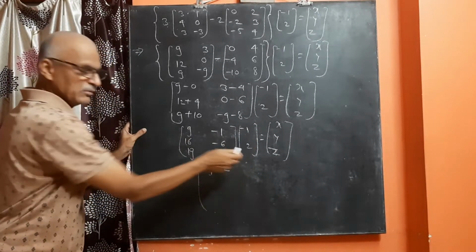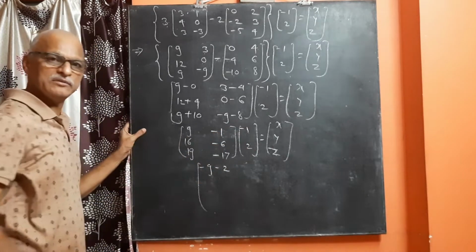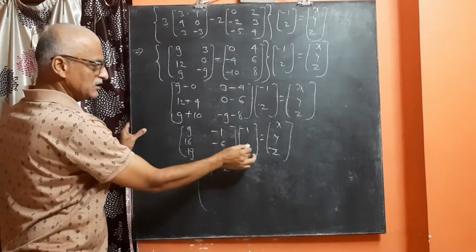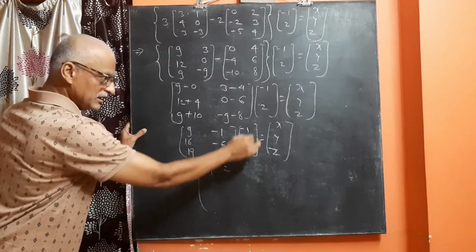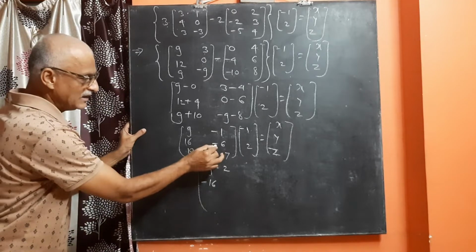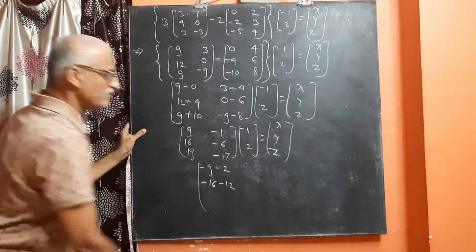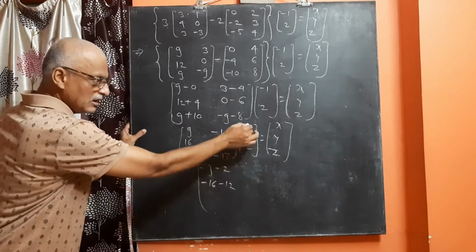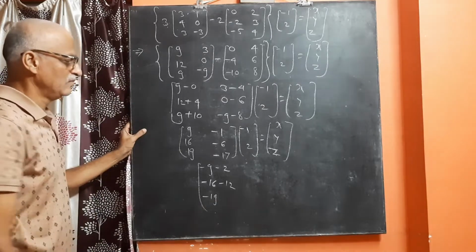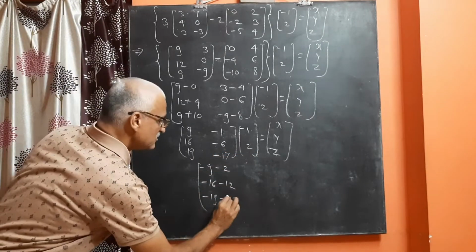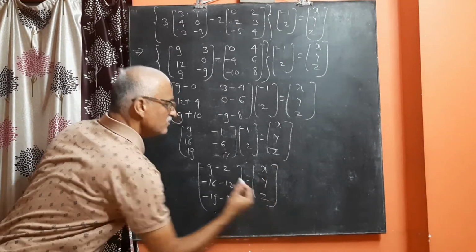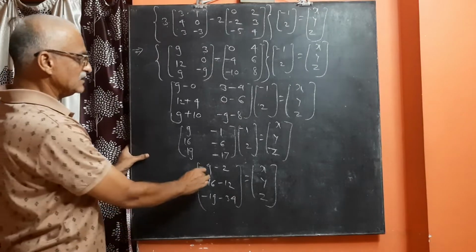There is only one column, so with every row that column will be multiplied. First row first column, 9 into minus 1 is minus 9, minus 1 into 2 that is minus 2. Second row, again this column, 16 into minus 1 that is minus 16, minus 6 into 2 that is minus 12. Then third row, the same column, 19 into minus 1 that is minus 19, minus 17 into 2 that is minus 34 is equals to x, y and z. Now minus 9 minus 2.